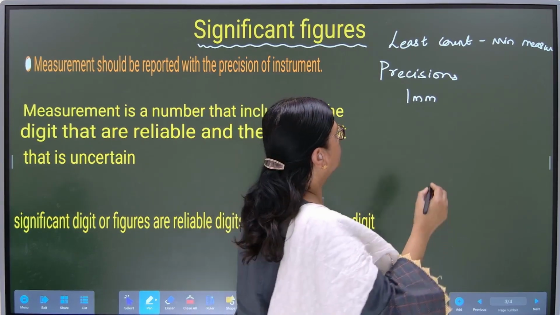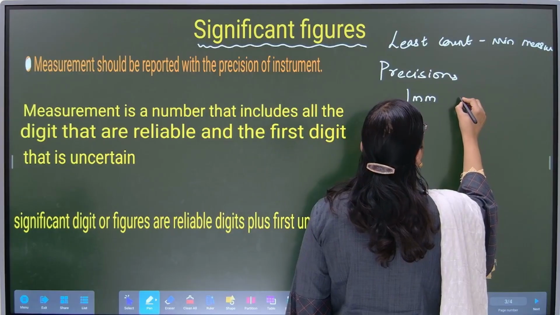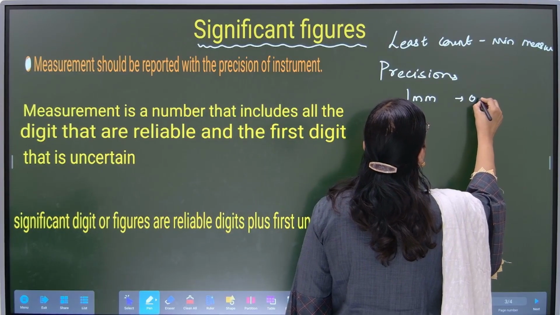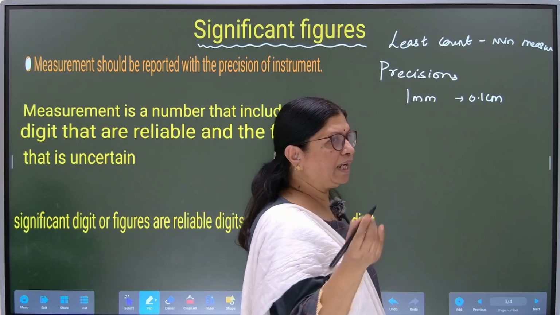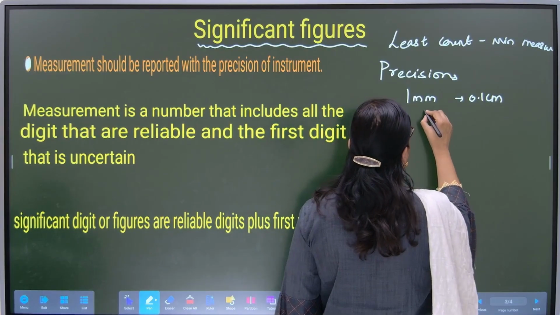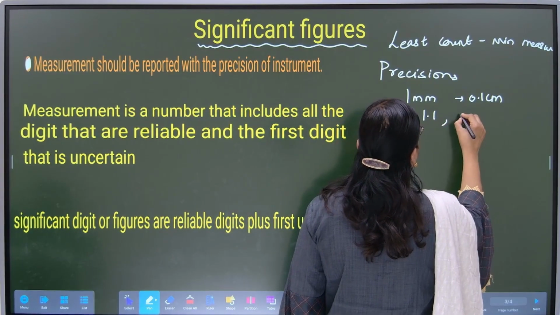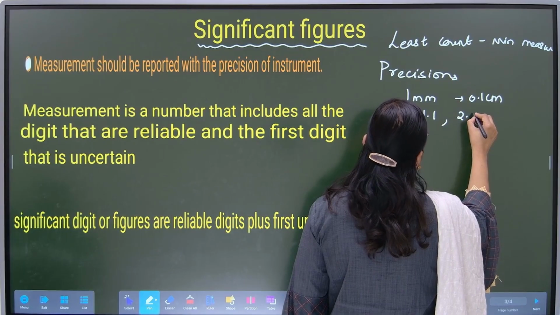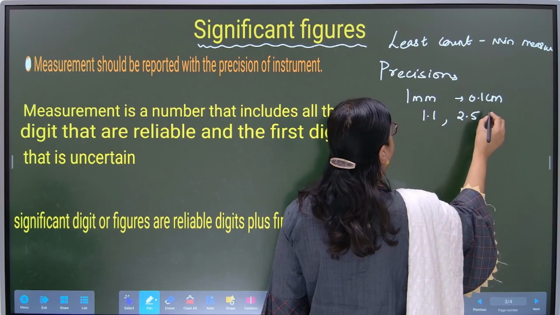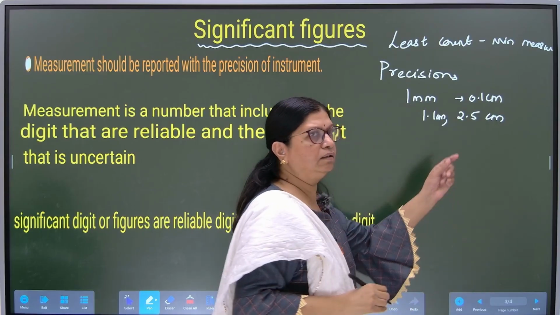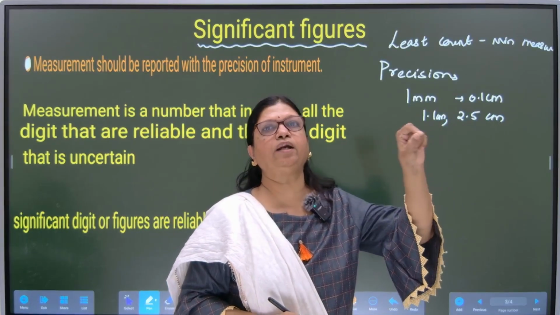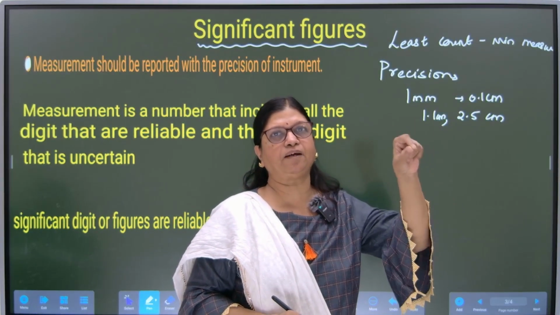So it can measure up to 0.1 centimeter. So this scale will give me a measurement of say 1.1, 2.5. That is, I will have a decimal only up to one digit after the decimal.